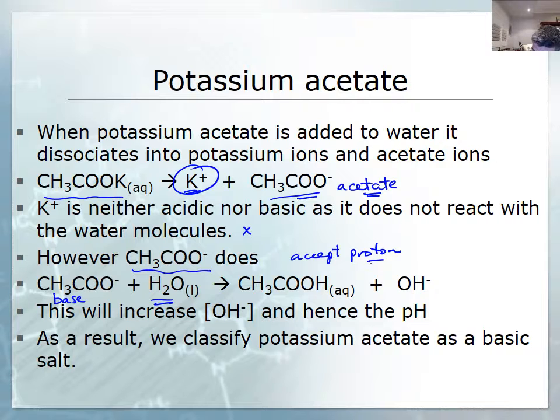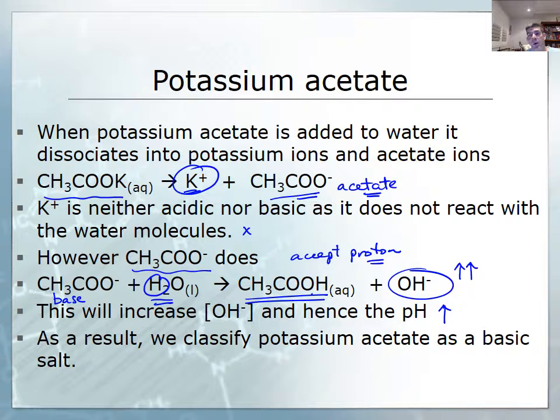But the proton it's going to accept is going to come from the water molecule. What that does is it reforms acetic acid, a very weak acid, so it remains in molecular form in the water. But it will also increase the concentration of the OH- ions. This will increase the pH of the solution.